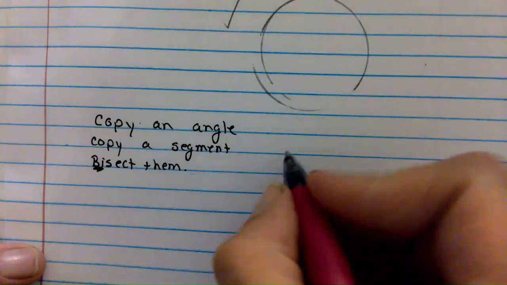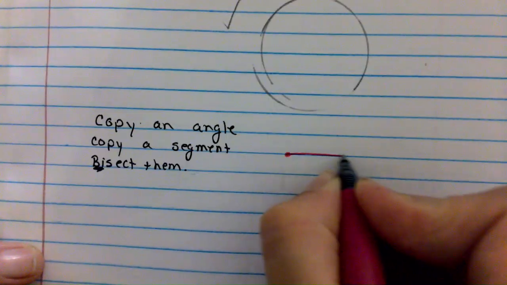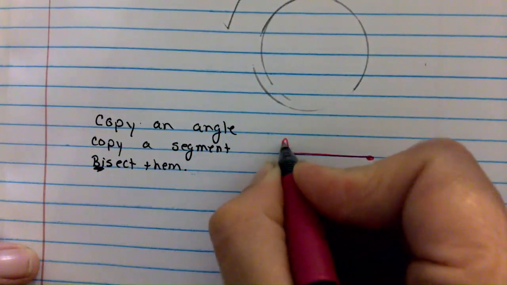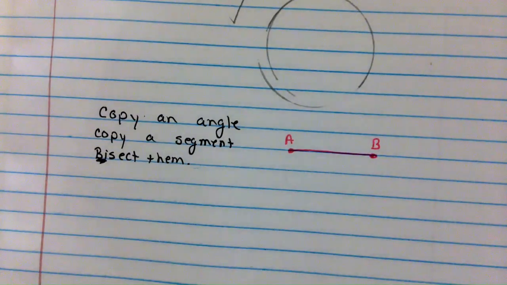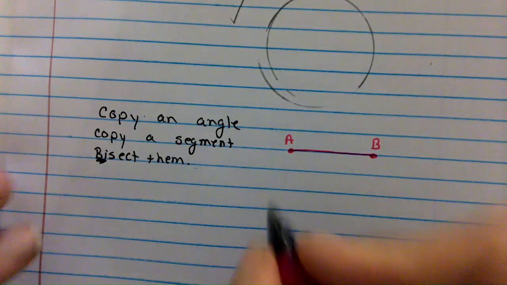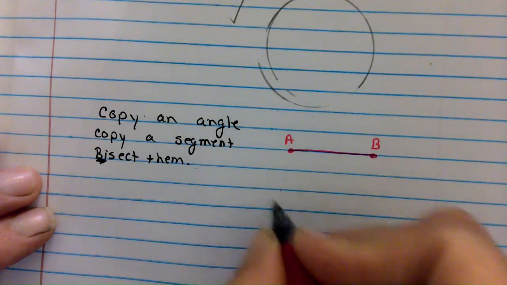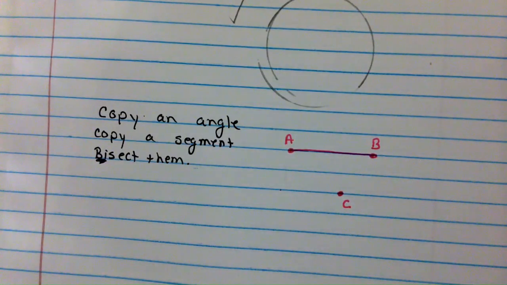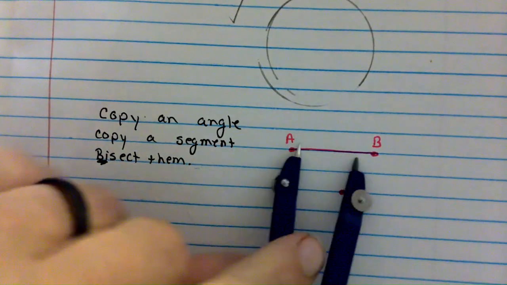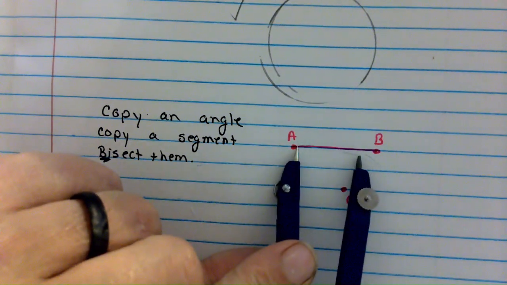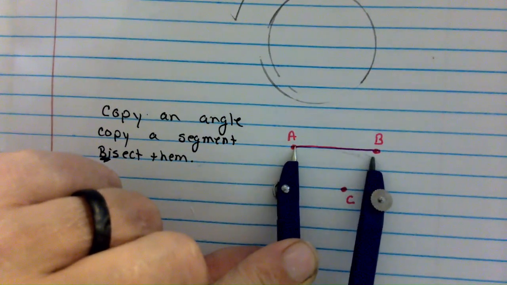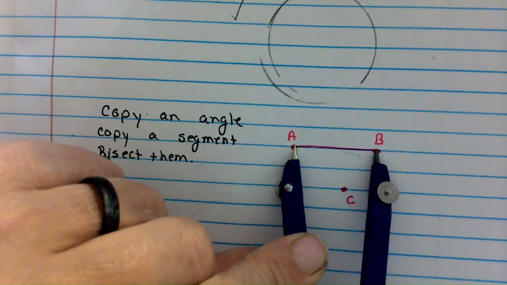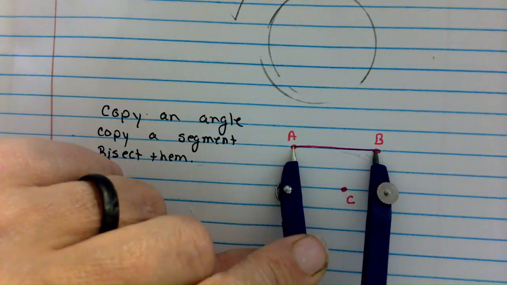So if I have A to B right here, and I want to copy that segment, the first thing I'm going to do is put a mark, and I'm going to call this one C. And then I'm just going to come up here. Instead of getting a ruler out and having to try to read the lines, I'm actually just going to go, well, hey, they're this far apart, right?